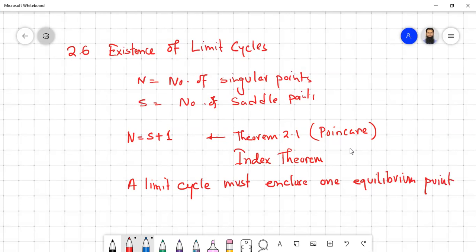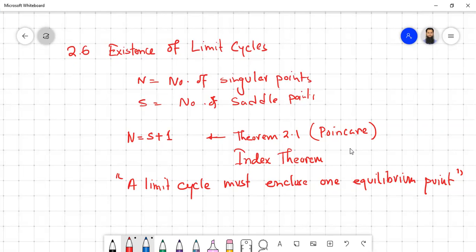If your number of saddle points is 0, then n should be equal to 1. So your limit cycle should at least enclose one equilibrium point. In the other way, if you are given some trajectory that doesn't encircle or enclose any equilibrium point, we can say that there is no limit cycle.